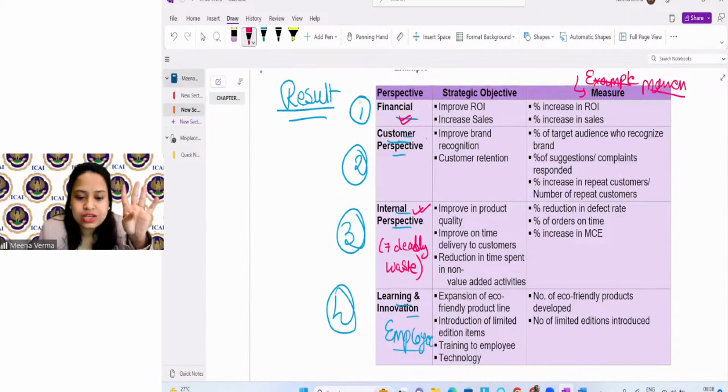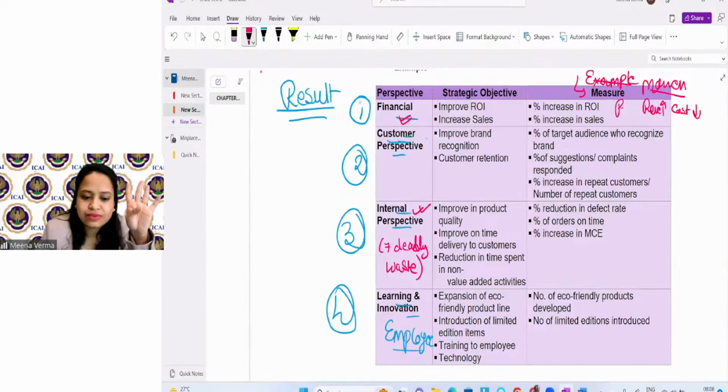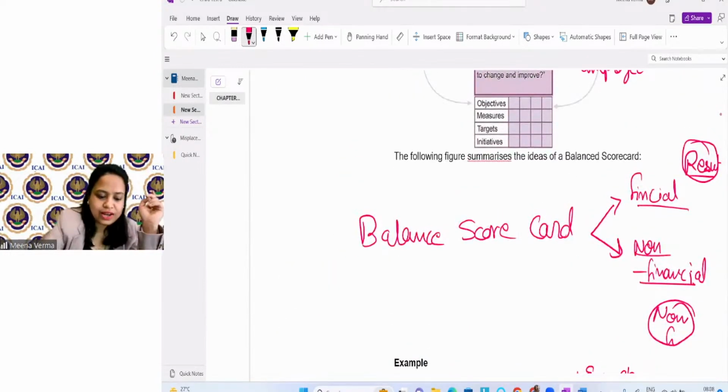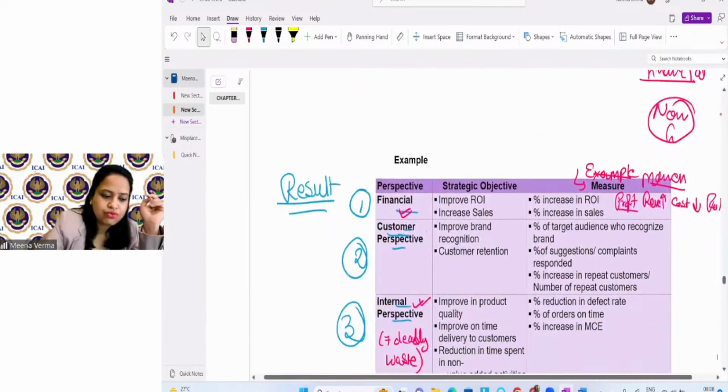Whether the cost has reduced, revenue has increased, profit has increased. Profit will go to return on investment, and we check whether return on investment has increased or not. You can see we are measuring all these things here.